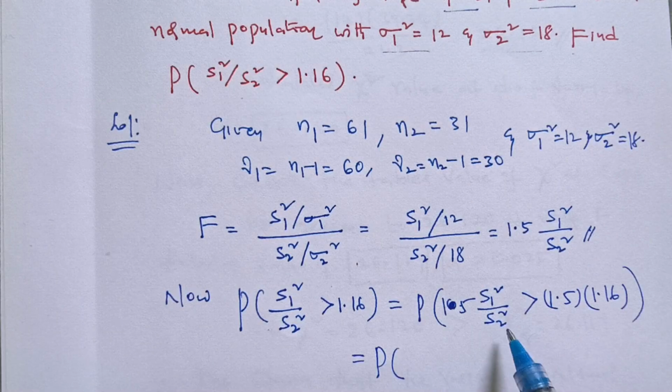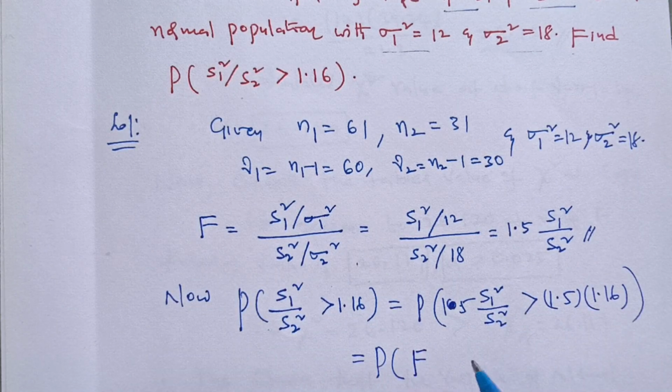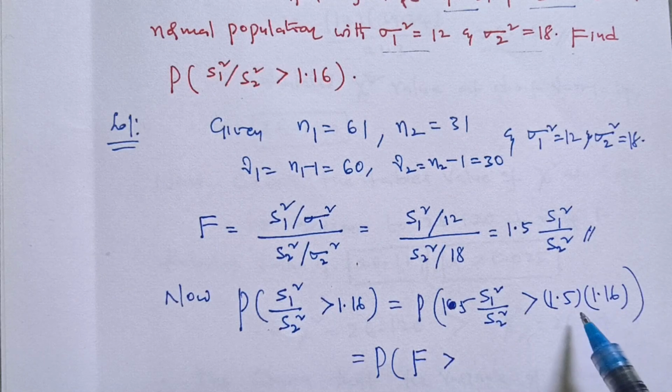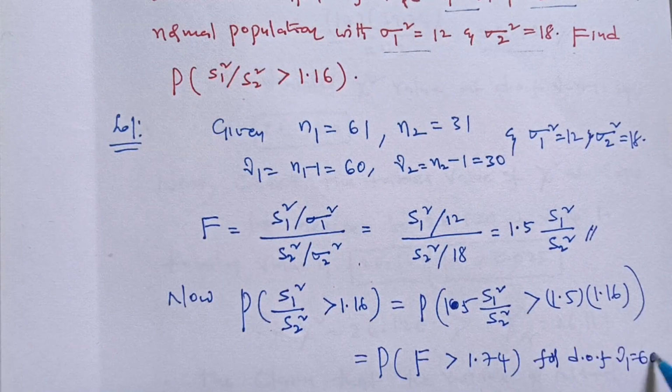So to convert the left side into F, we multiply in that way. So clearly 1.5 S1 square by S2 square is equal to capital F, greater than 1.74.